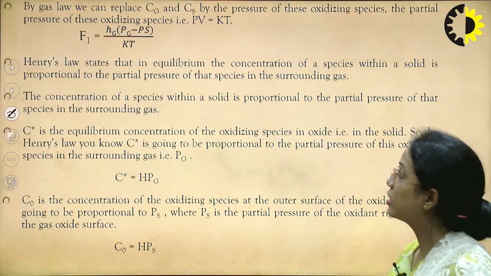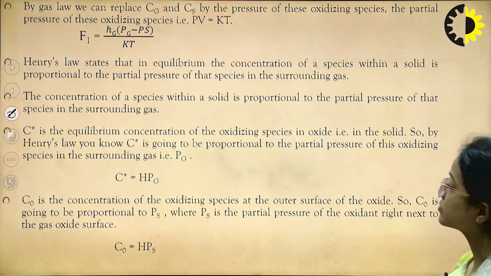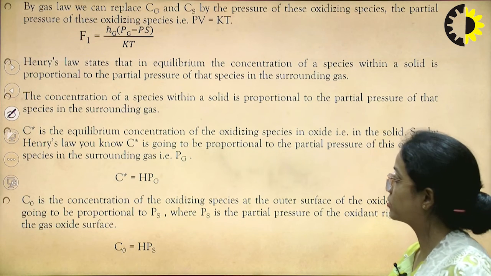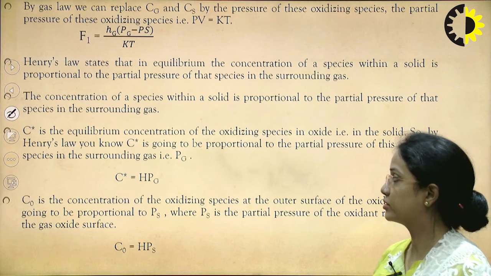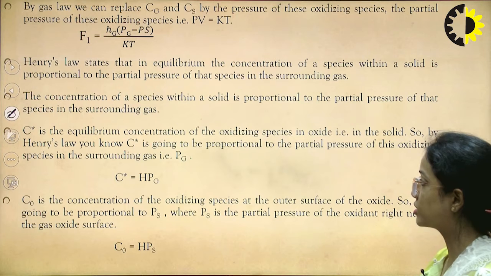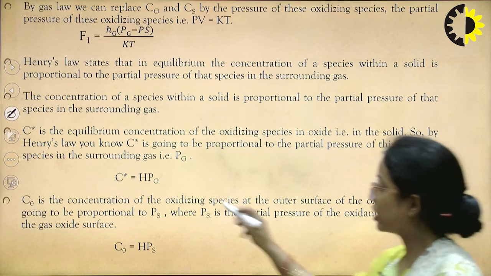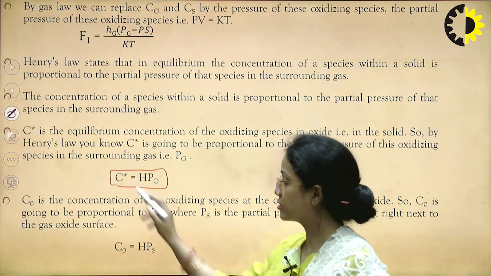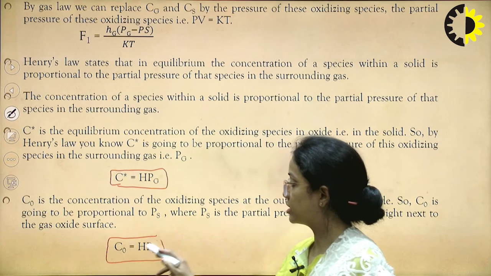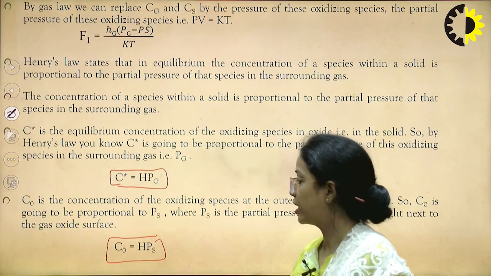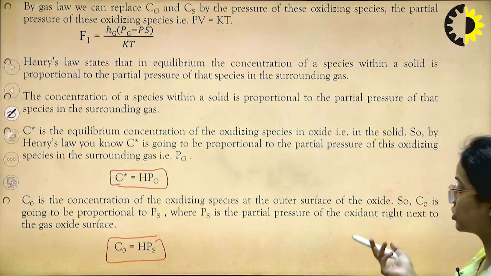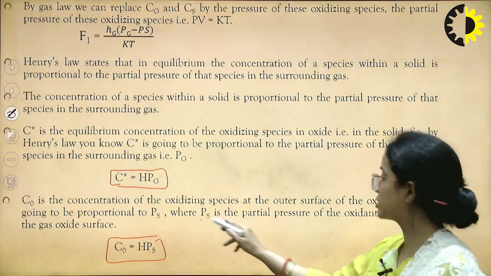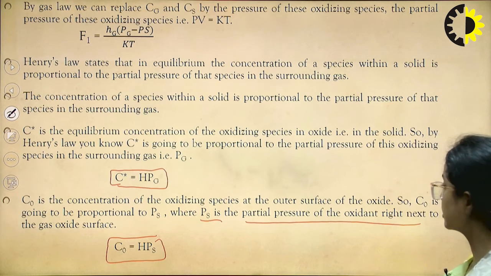Now again, C star is the equilibrium concentration, and by Henry's law, C star is proportional to Pg. So C star is H into Pg, and similarly C naught is H into Ps, where Ps is the partial pressure of the oxidizing agent.